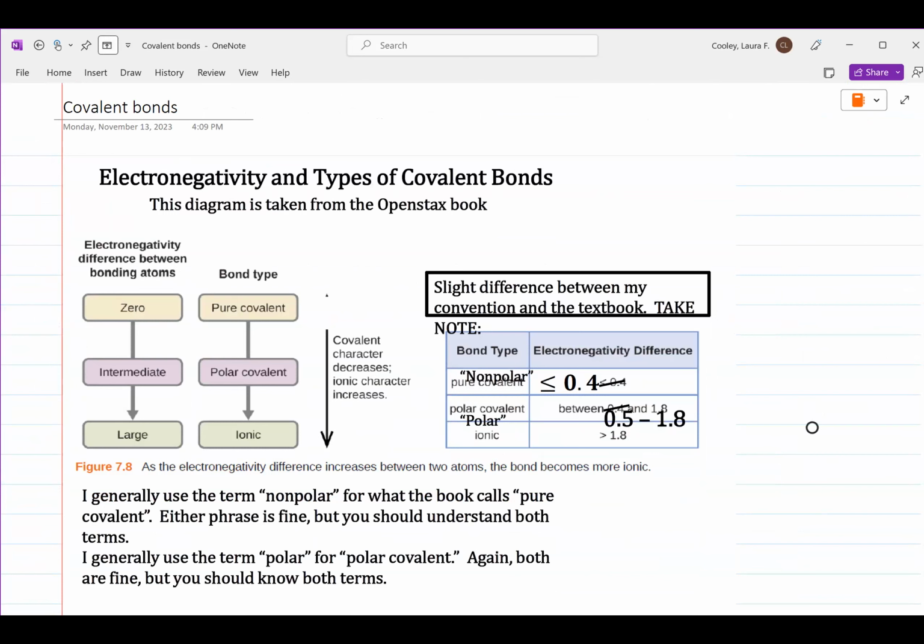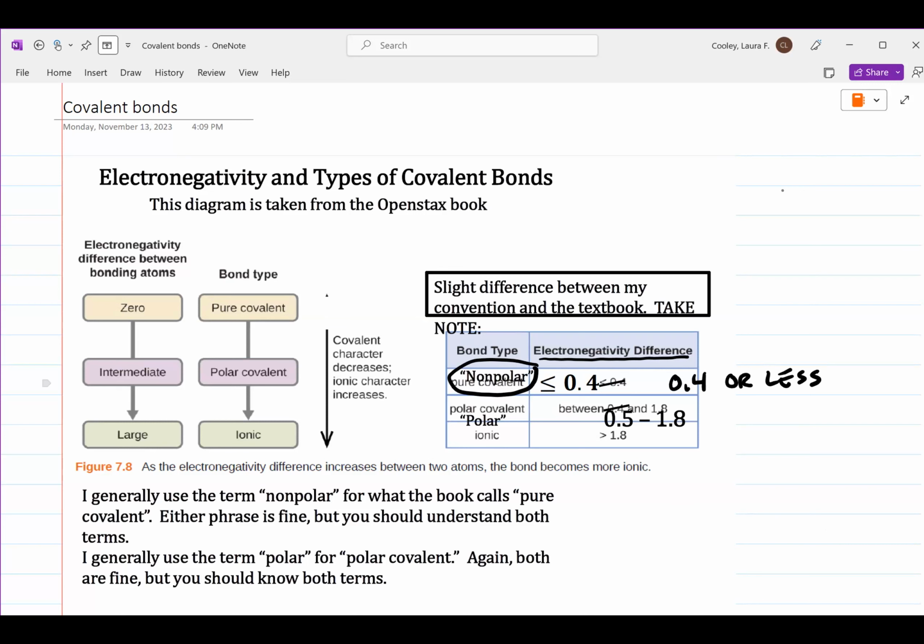All right. So I want you to take note of a difference between myself and this OpenStax book. Sometimes that book is really stupid. But anyway, my convention, and this is what most chemists use, is if the electronegativity difference is 0.4 or less, we say that the bond is nonpolar.